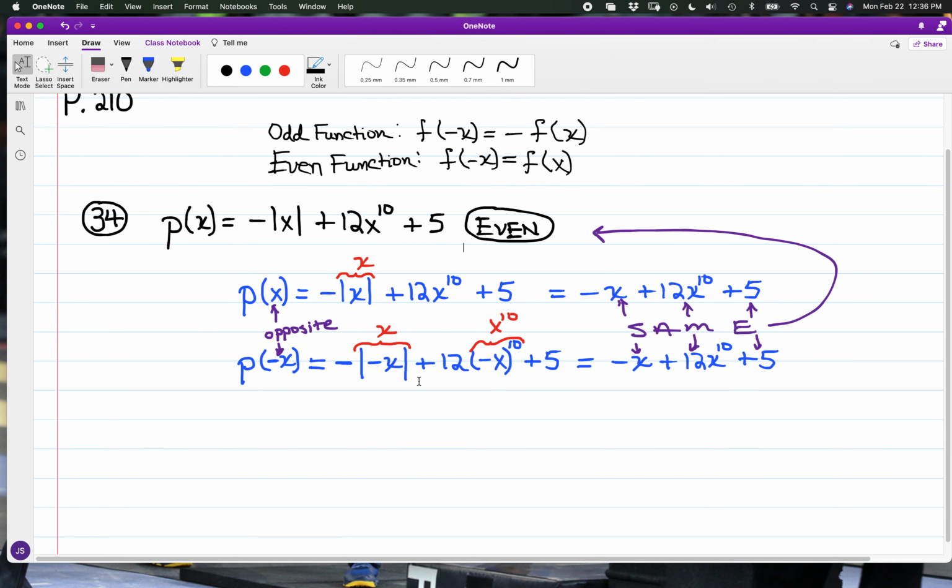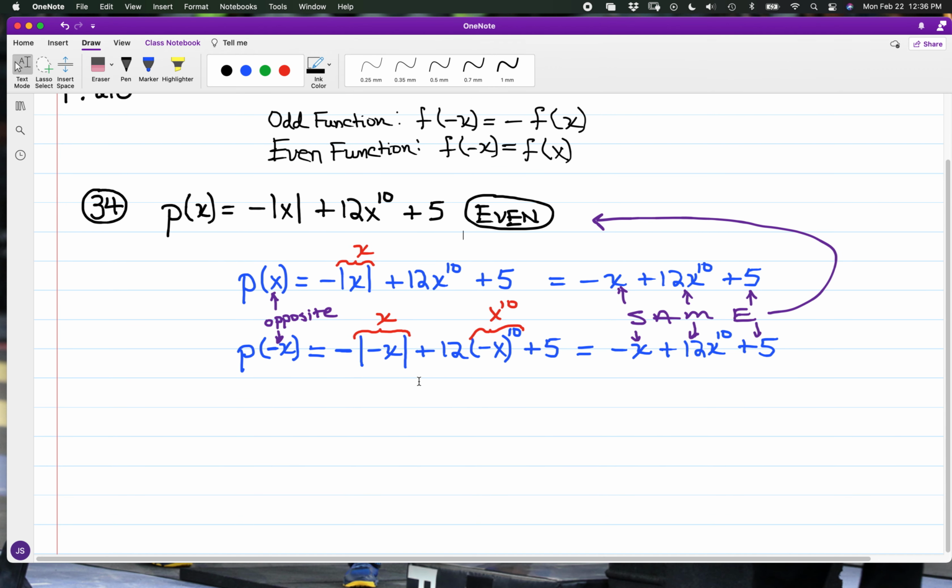Now, for the next item, and this time we're going from p of x to k of x. And we have for k of x, that is set equal to 13x cubed plus 12x.